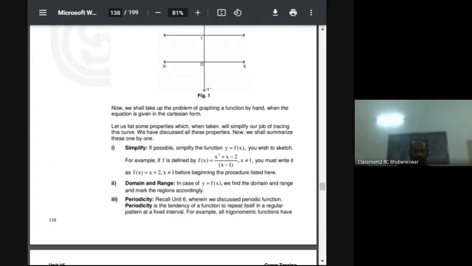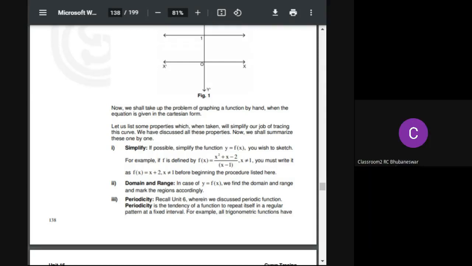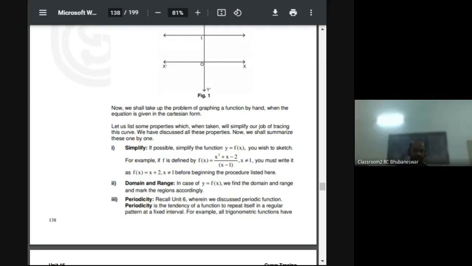So here in page number 138, it is the tracing of a curve. Look at the first condition to trace the graph. The first condition is that we have to simplify the expression.